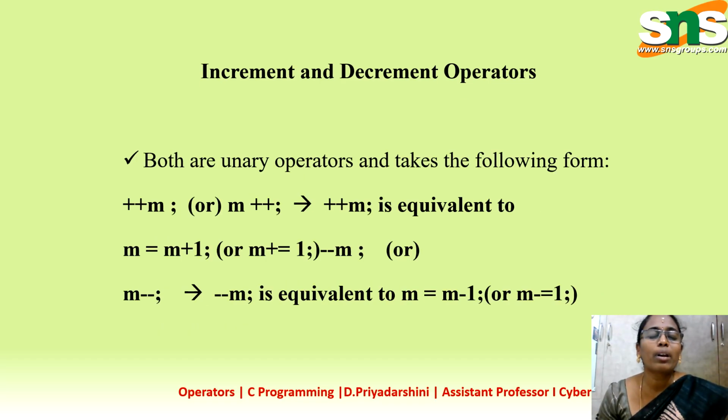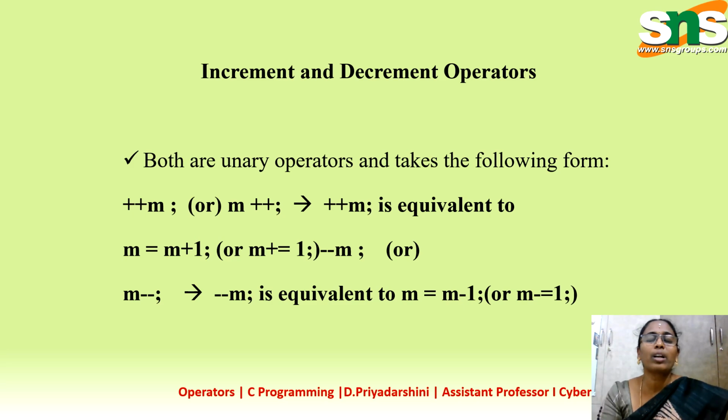It can be incremented by 2, 3, 4 as we specify. If we specify A plus equal to 2, it means A is equal to A plus 2. If we specify minus minus B, it means B is equal to B minus 1.